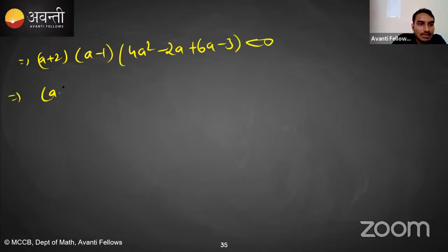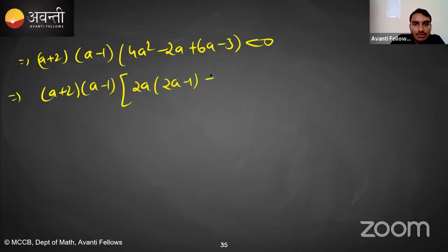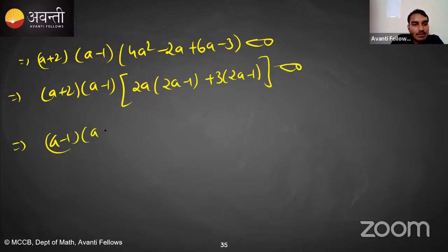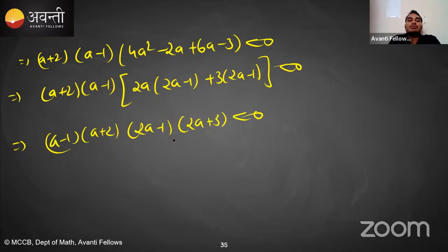So it implies a plus 2, a minus 1, factorize, 2a common, so 2a minus 1 plus 3 common, 2a minus 1 less than 0. What is this? a minus 1, a plus 2, 2a minus 1, 2a plus 3 less than 0.